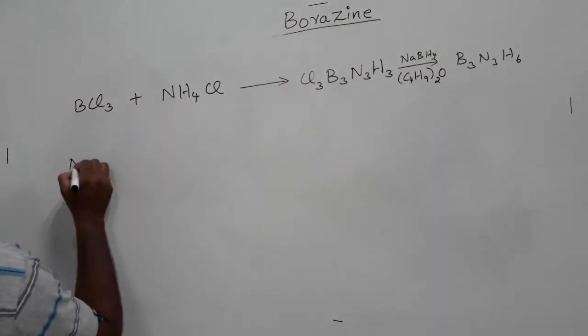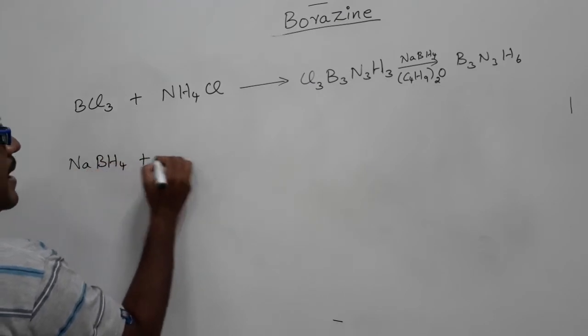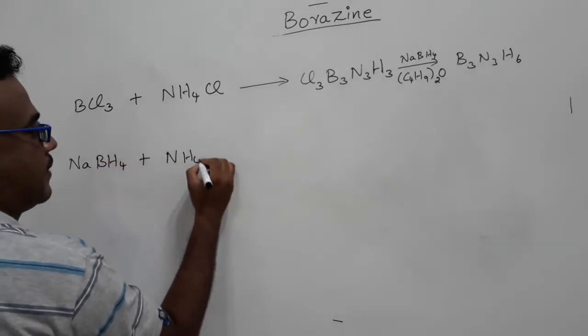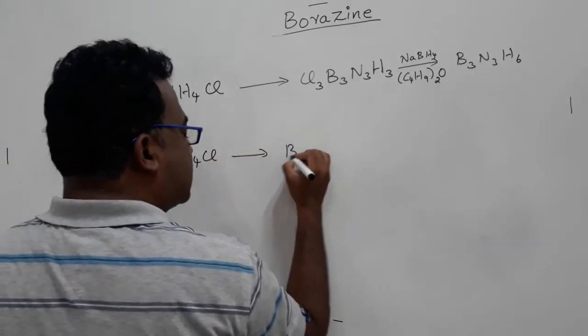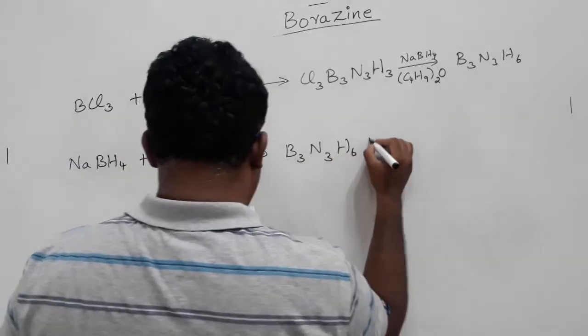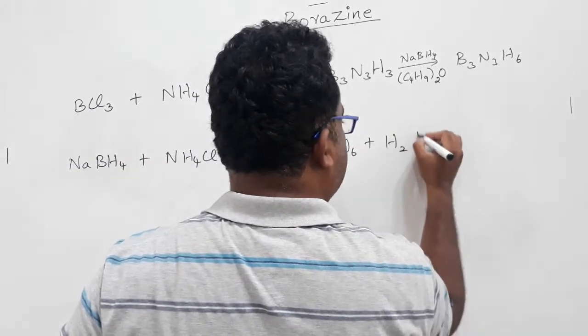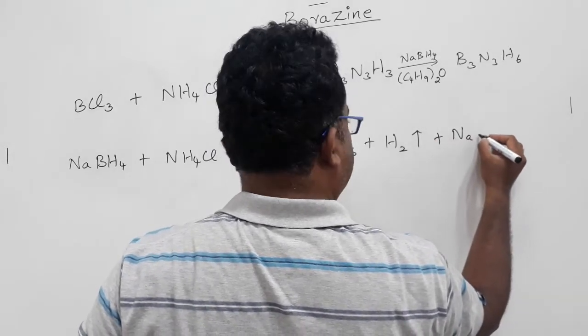Sodium borohydride plus ammonium chloride, you can react, and you will directly get borazine plus hydrogen gas plus sodium chloride.